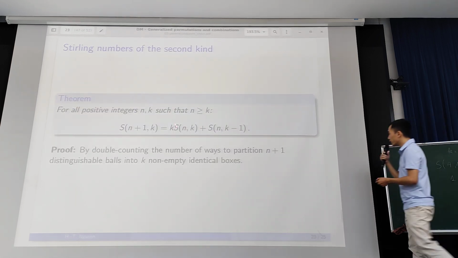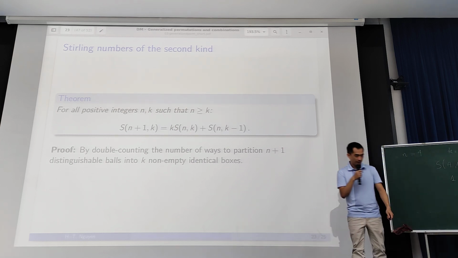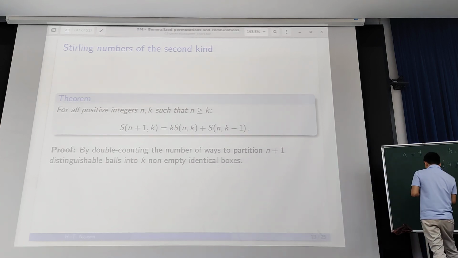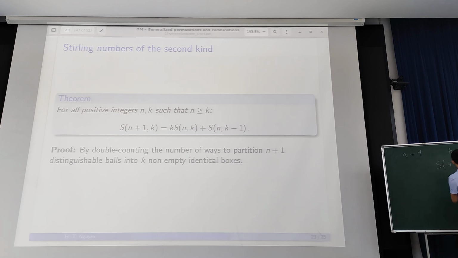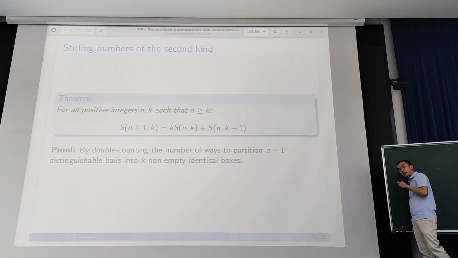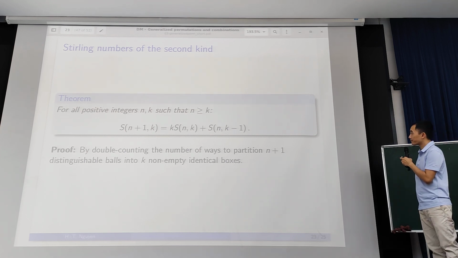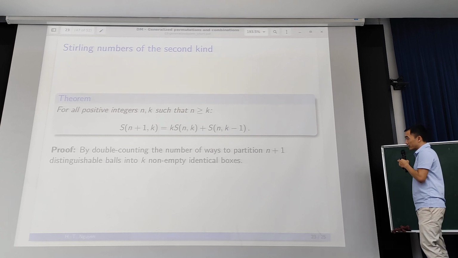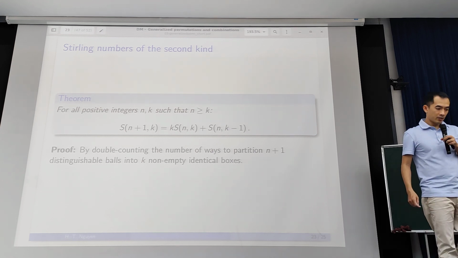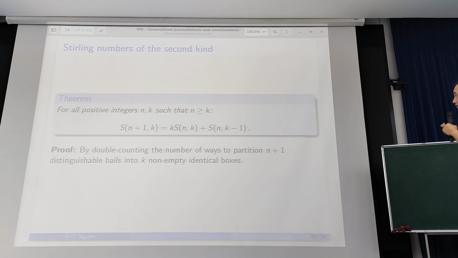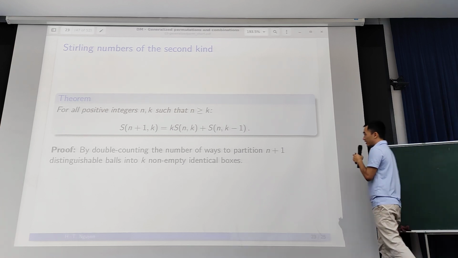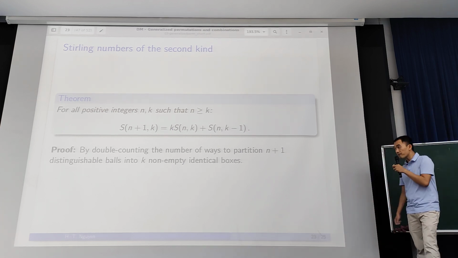So how can we arrive at the first term? Do you have any idea? Now here we pay attention to the fact that the balls are different, are distinguishable. Okay.